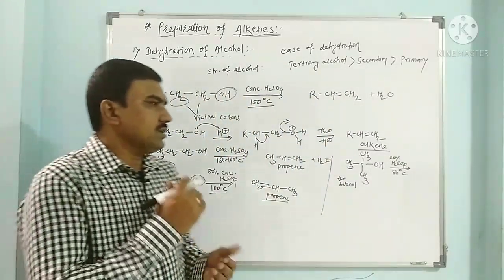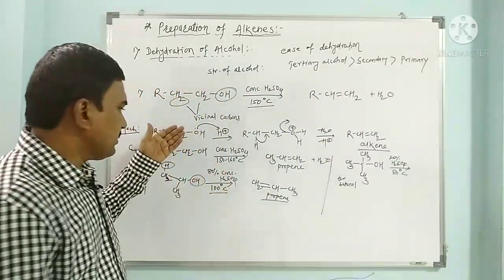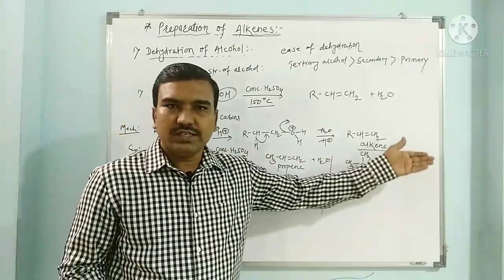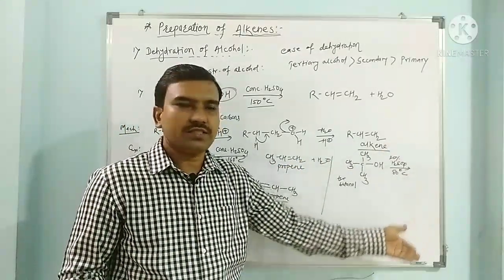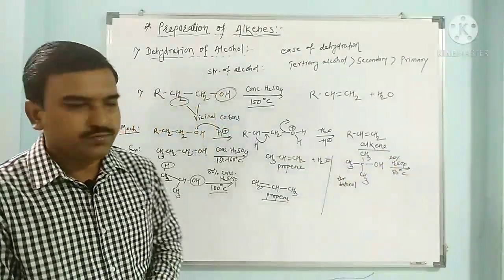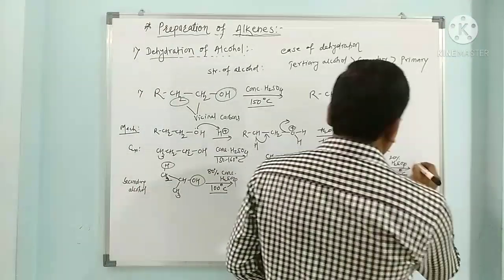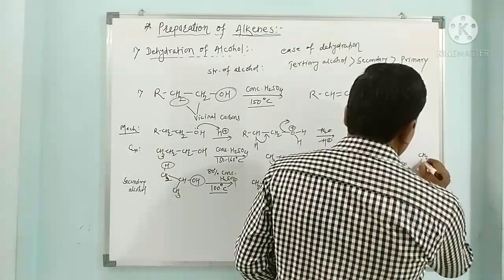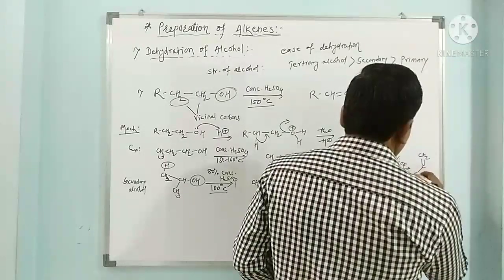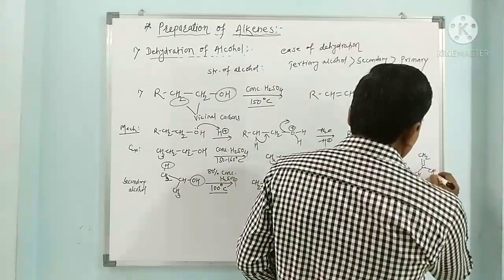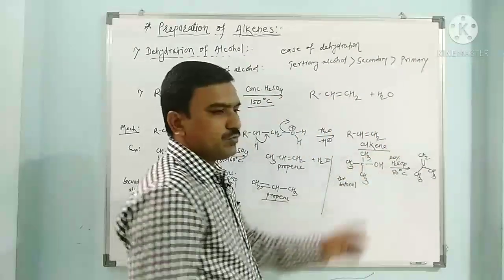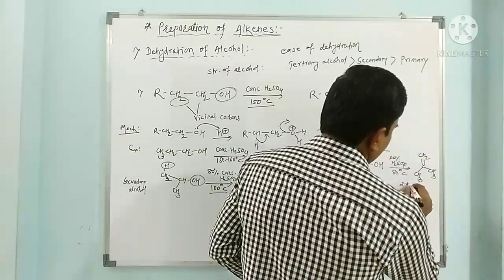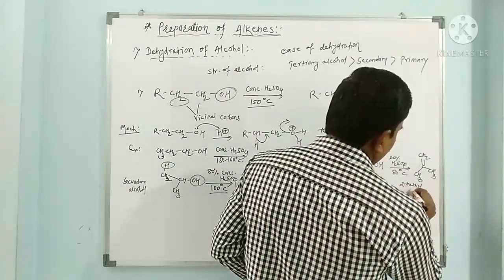When alcohol changes from primary to tertiary, it needs less concentrated sulfuric acid as well as a lower temperature, and we get CH2=C(CH3)CH3. This is 2-methylpropene as a product.